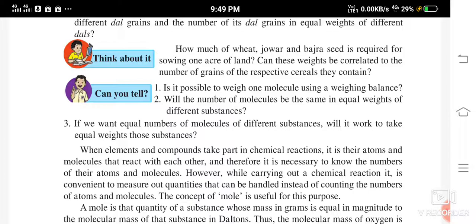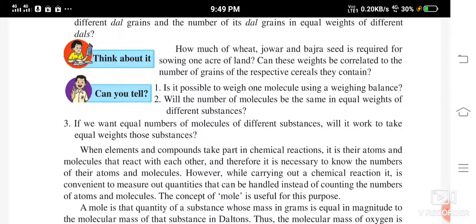How much of wheat, jowar and bajra seed is required for sowing 1 acre of land? Naturally, the quantity of wheat, jowar and bajra seed is going to be different, because the size of all three is different.